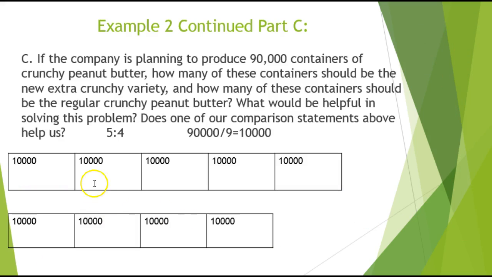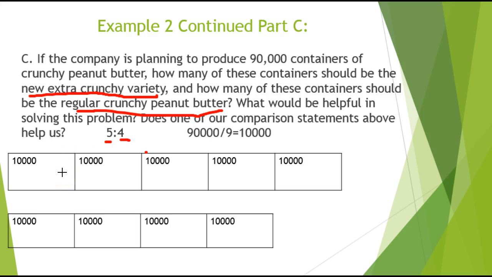So if each piece represents 10,000, then I'm able to answer my questions. My question was, how many of these containers should be extra crunchy? And how many should be regular crunchy? My extra crunchy was represented by 5, and my regular was represented by 4.